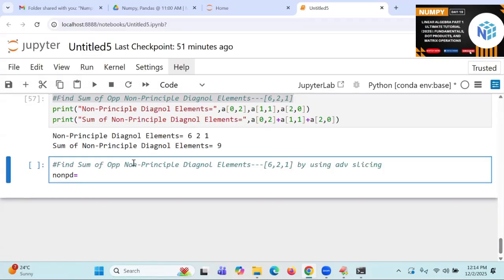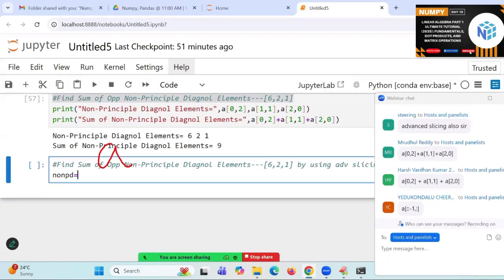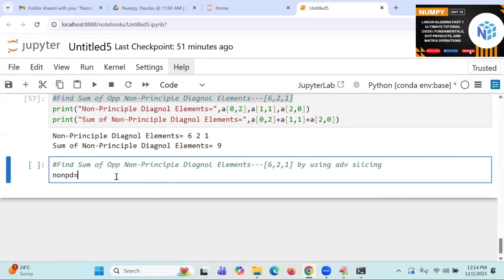I need to take the row indices, next the column indices. Say the row indices: 0, comma 1, comma 2.